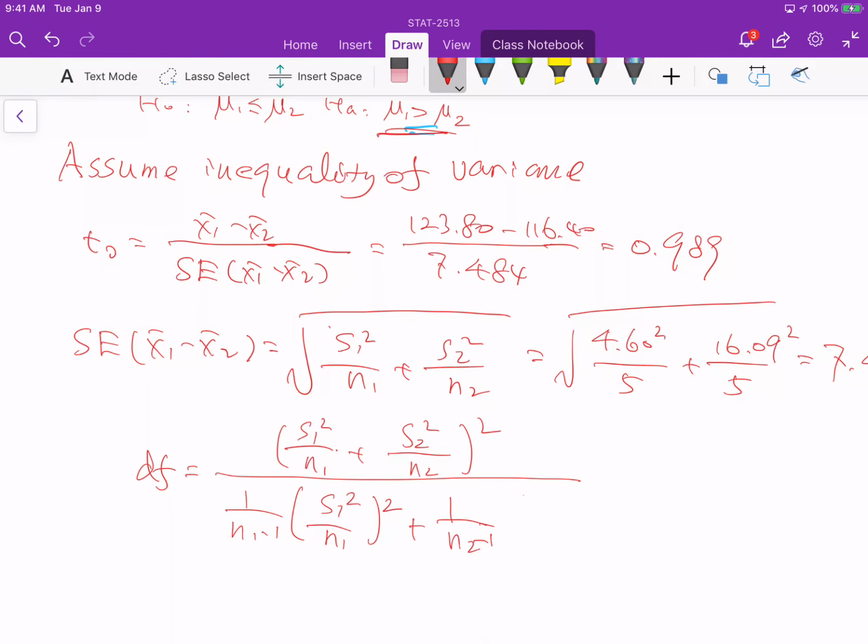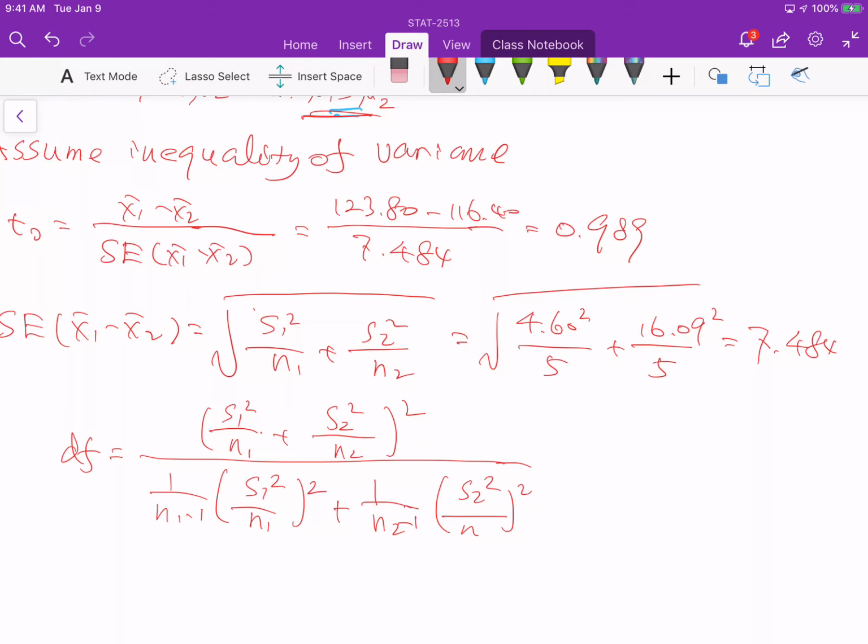It is complicated, but it only involves s1, s2 and n1, n2. We already know their values, so we can just plug them in.